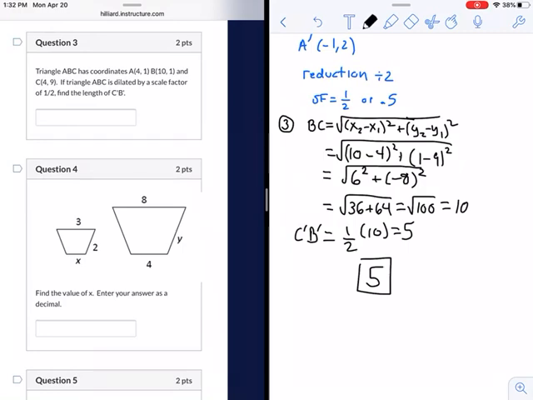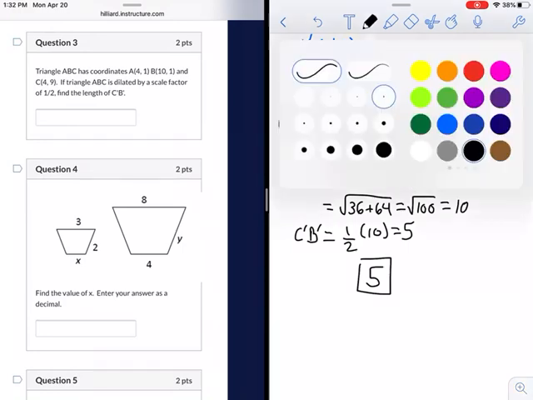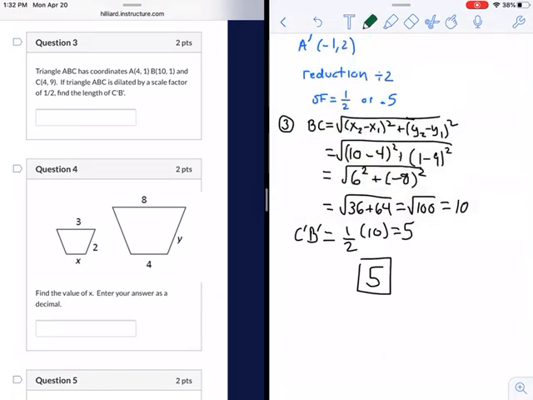Alright. Find the value of X. Enter your answer as a decimal. So again, when you do problems like this, it's really important you match up the corresponding sides. The top of both of these quadrilaterals, let's just say 3 and 8. That's the top. Now the bottom is X and 4. Alright, I could have said 3 over X equals 8 over 4. There's different combinations.